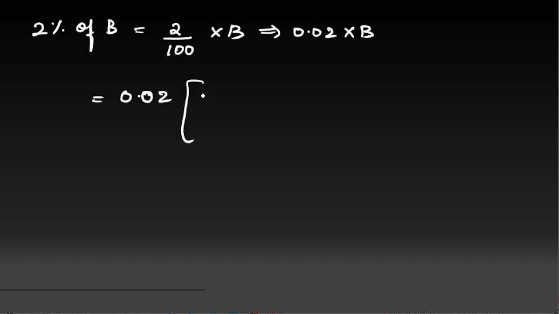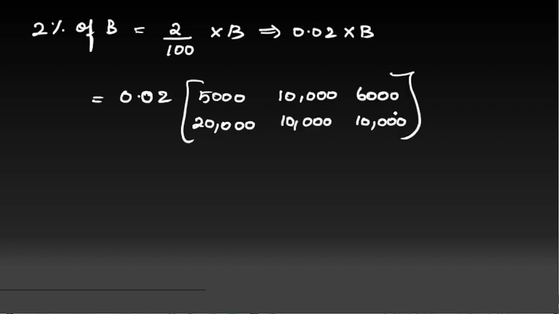Your B matrix is going to be 5,000, 20,000, 10,000, 10,000, 10,000, 10,000, and 6,000, 10,000, 6,000, 10,000. Now you have to multiply each and every term by 0.02.